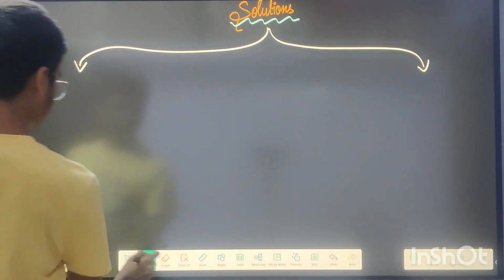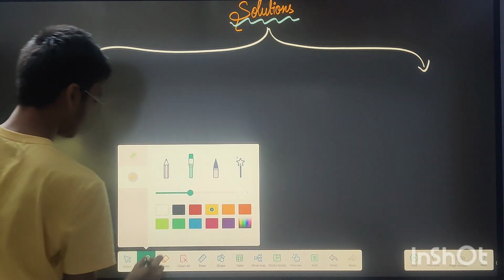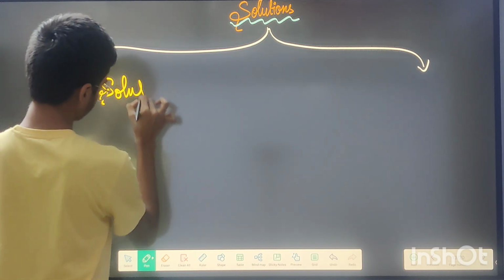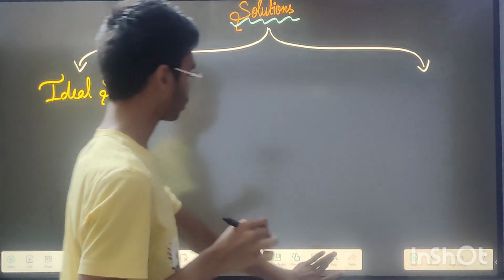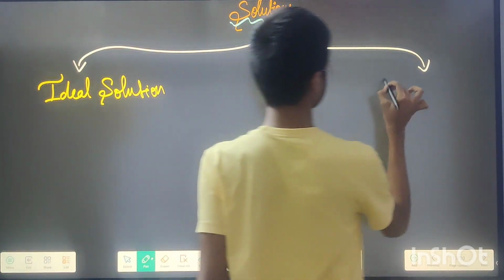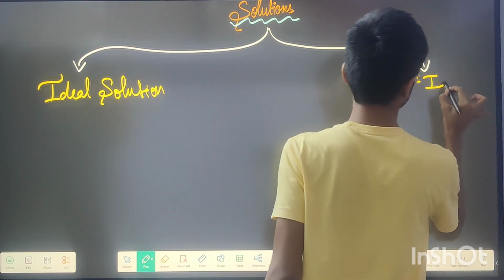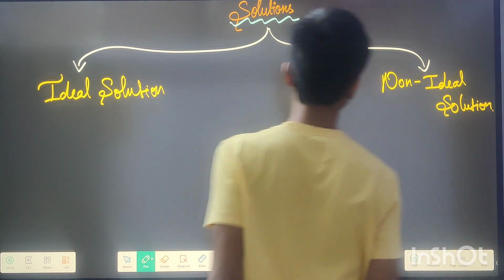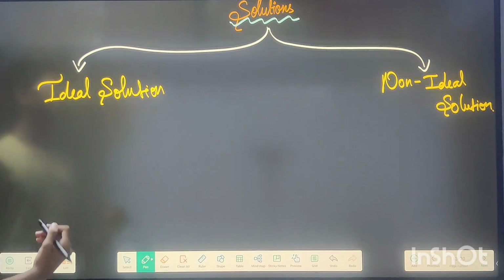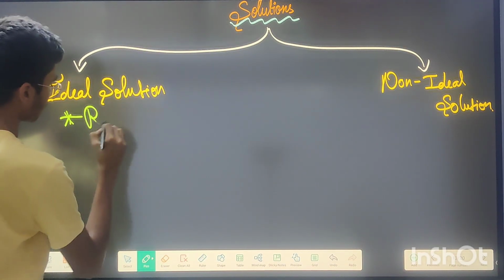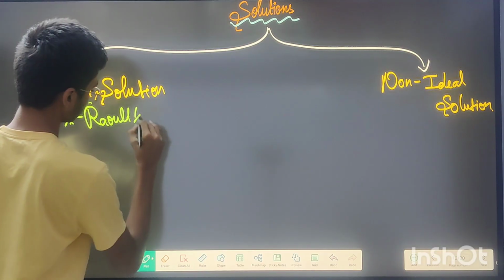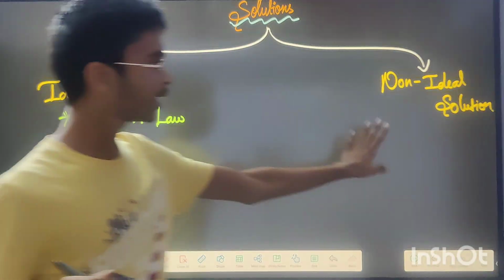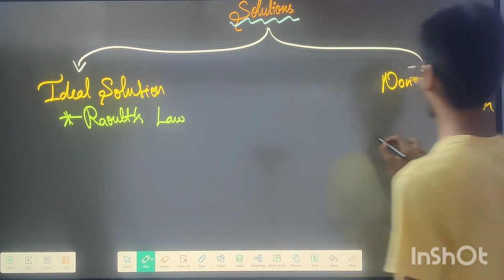A solution is actually either an ideal solution or a non-ideal solution. It will be an ideal solution when it follows Raoult's law, and it will be a non-ideal solution when it does not follow Raoult's law.